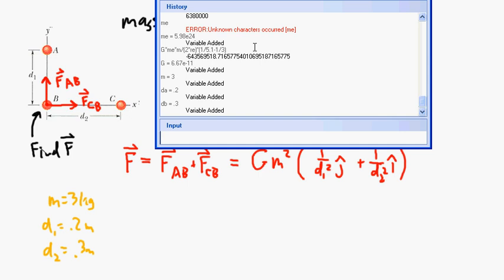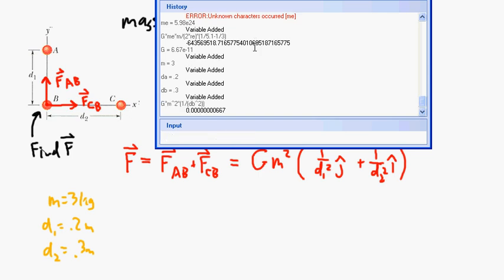So let's look at capital G times m squared times 1 over d1 or dA squared, and that's going to be our j hat. Actually, let's do dB first so we can do our i hat component. So that is going to be, oh my god, that's tiny. Which is what you'd expect, right?